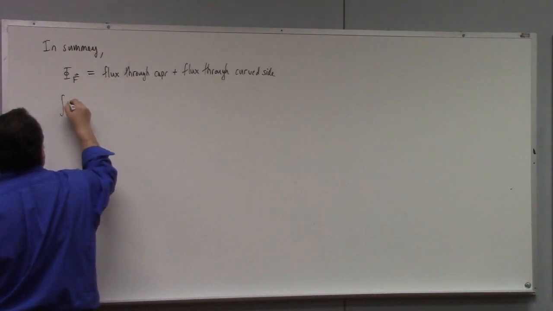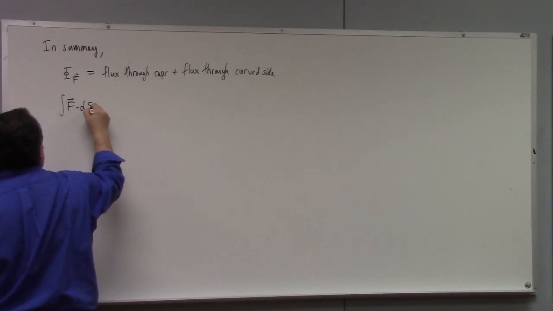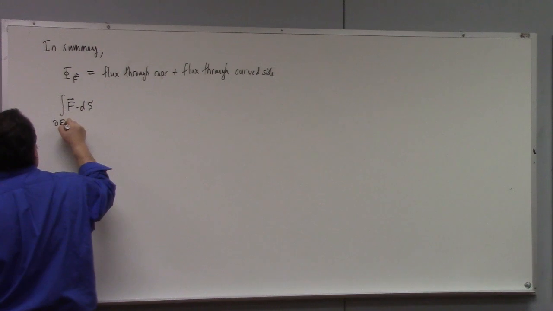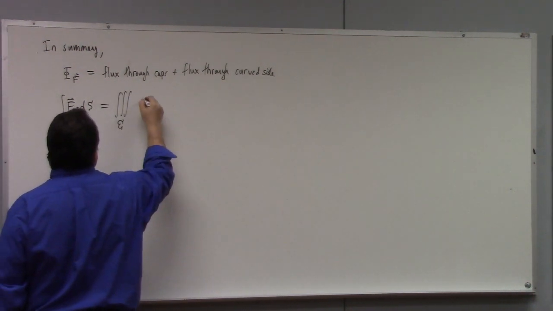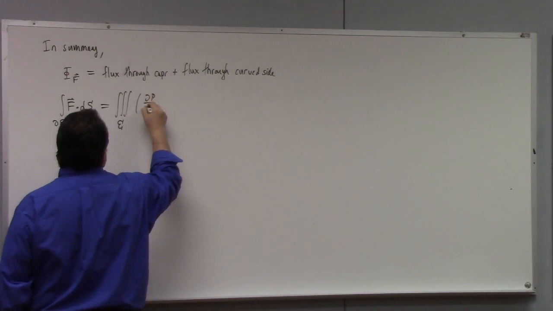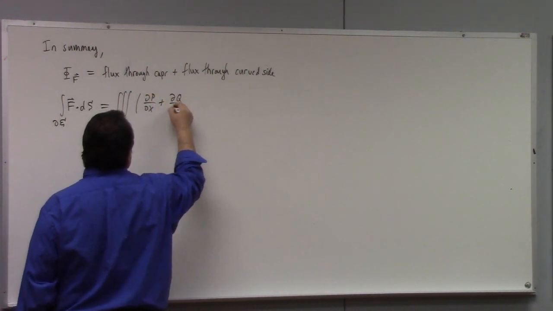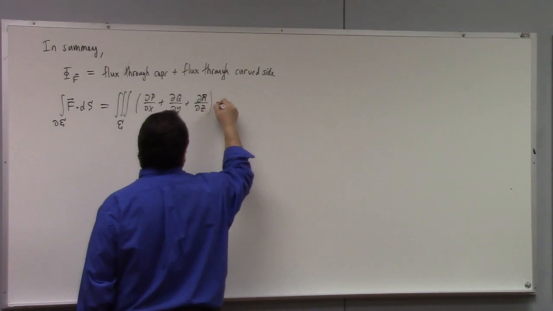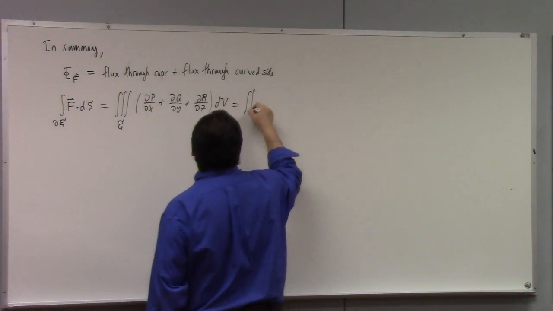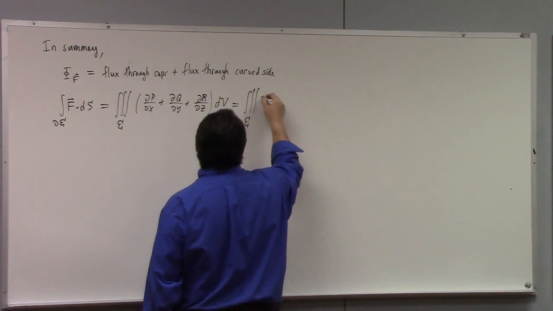That gives us, in particular, the integral of F dot dS over the boundary of the solid is equal to the triple integral over the solid of partial P partial x plus partial Q partial y plus partial R partial z, which of course is the divergence.